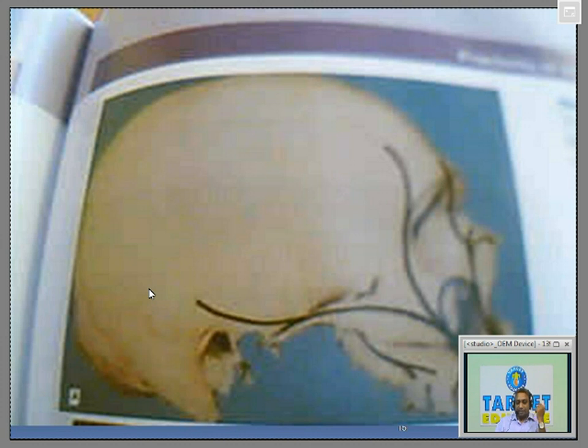If you see the anterior pillar, this particular line runs from the canine region up on the lateral wall of the nasal aperture, then it goes up here and it goes up to the frontonasal bone, till the glabella. So this is called the anterior pillar.